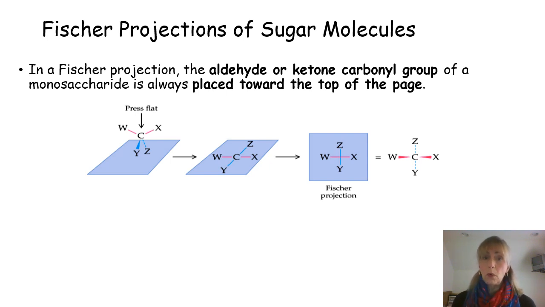The aldehyde or the ketone carbonyl group of a monosaccharide is always going to be placed on the top of the page. That means the aldehyde or the ketone group is always going to be this Z right here, at the top of your Fischer projection of your molecule.